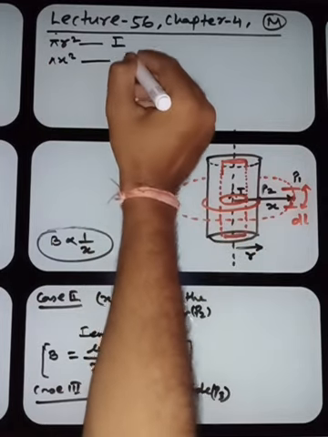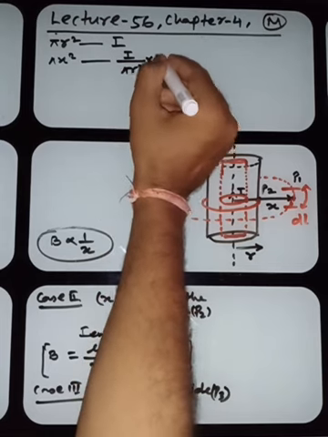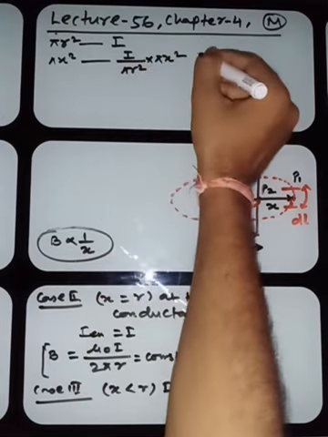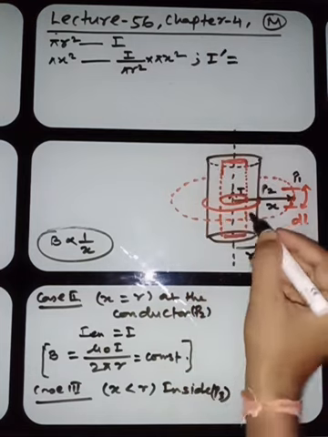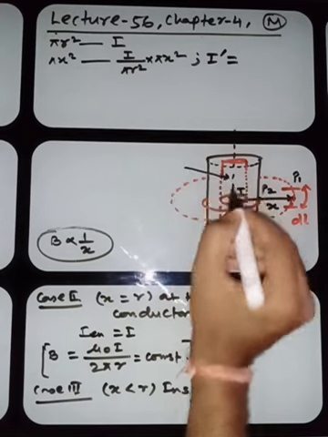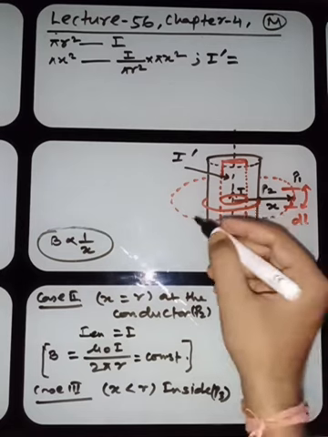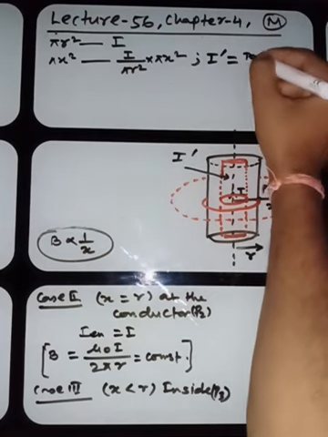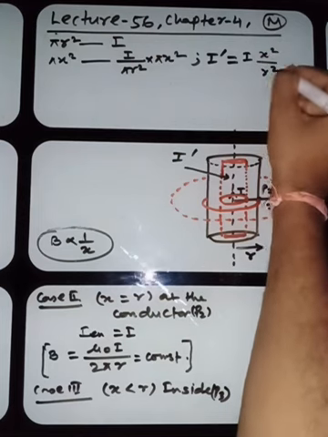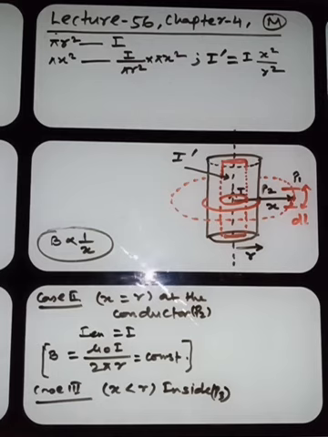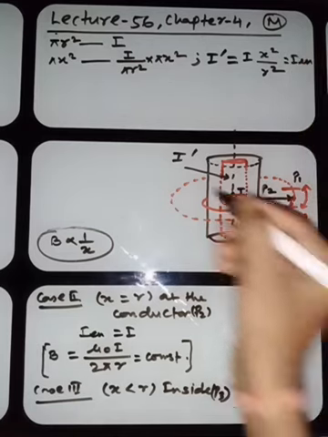Suppose this enclosed current is I dash. What will be the value of I dash? It is I times, the pi will be cancelled out, x square over r square. This is the new enclosed current, the I enclosed for the third case.